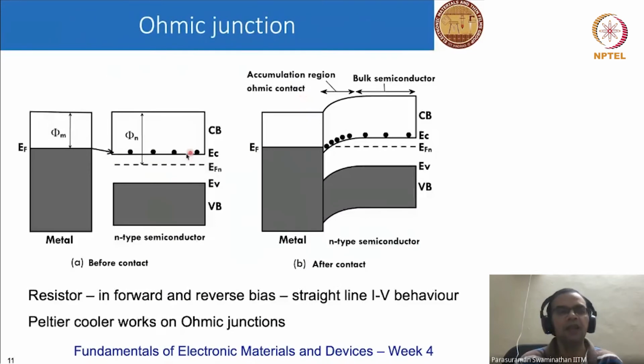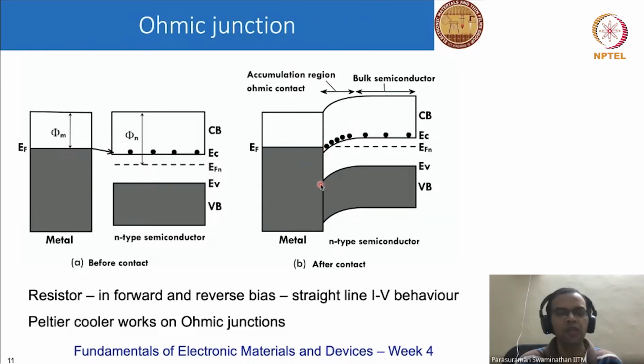Let us now look at an ohmic junction and we will again use an n-type semiconductor as an example. So remember, in this case, the work function of the metal is smaller than the work function of the semiconductor. So now we have electrons from the metal go into the semiconductor. So instead of a depletion region, we have an accumulation region at the junction.